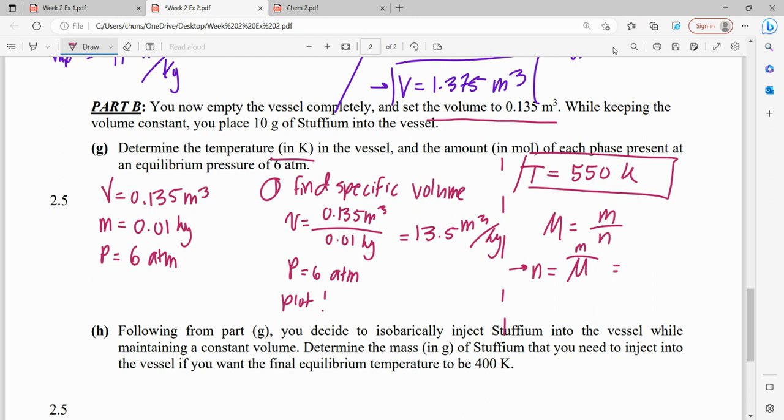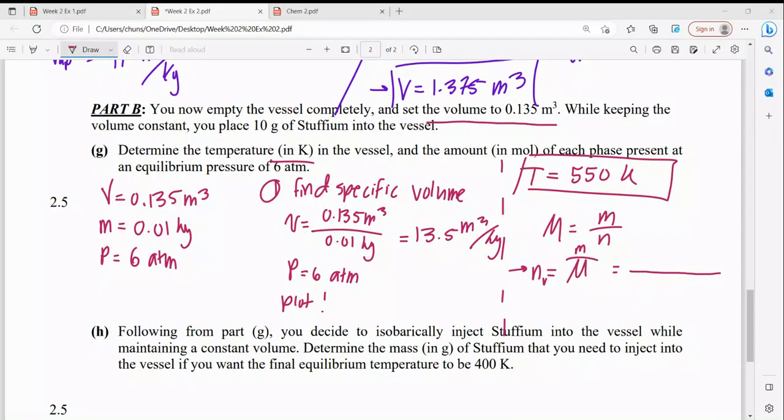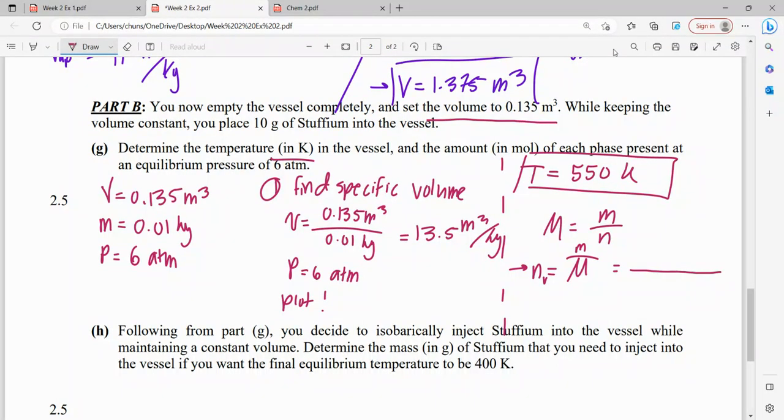So if we did that for our vapor phase, for example, we would do 0.1 kilograms over kilograms per kilomole. Our molar mass was given at the beginning of the question, so that just gives us 0.1 divided by 100, and that's 0.001 kilomoles.